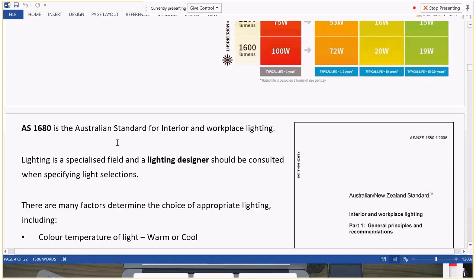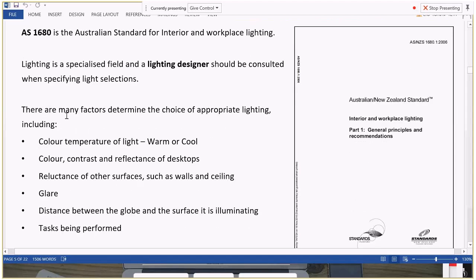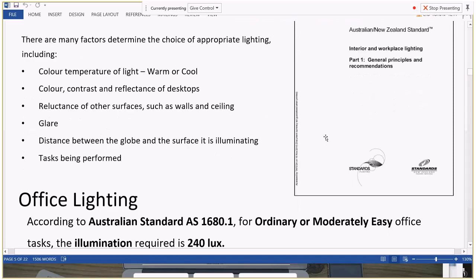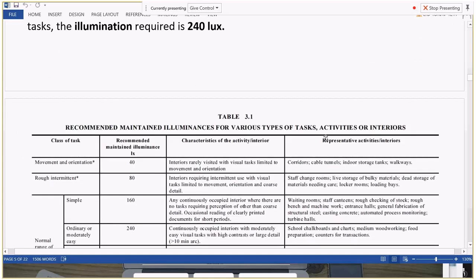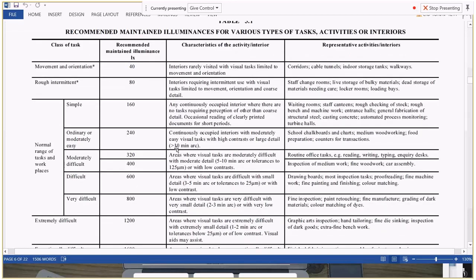That's covered in the Australian Standard 1680, which covers all aspects of interior workplace lighting. The section that we're going to be looking at is Table 3.1, which goes into how much light is required at that desktop. So, recommended maintained illuminance.